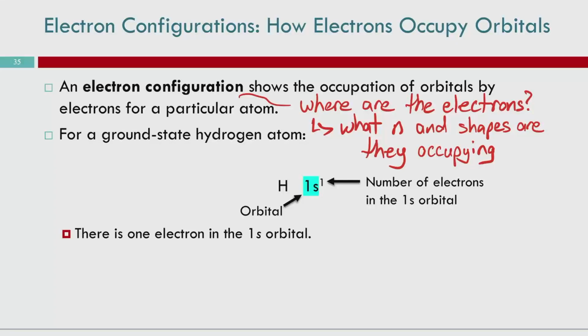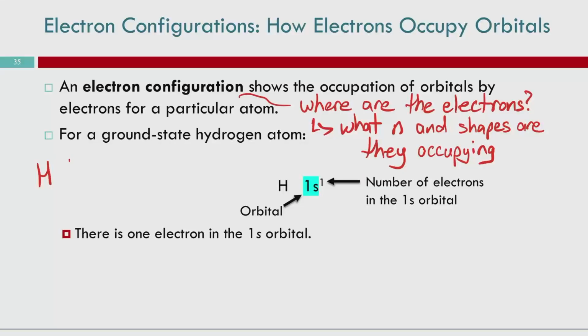For hydrogen, how many electrons does hydrogen have? It has one. The way that we know that it has one, hydrogen is our first element. In the top right corner in the periodic table in class, there's that number 1. That number 1 means that it has one proton. It is also going to have a matching number of electrons.